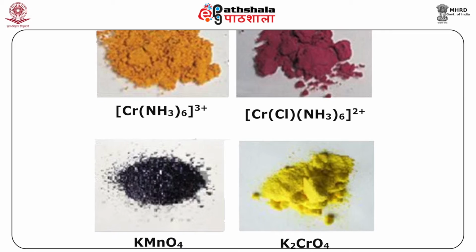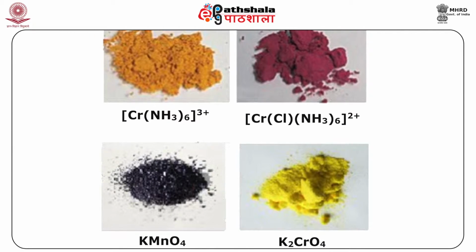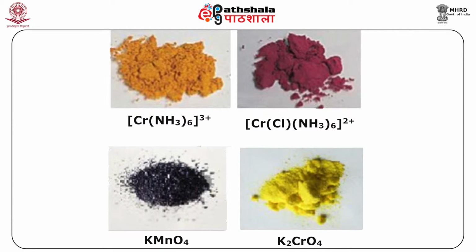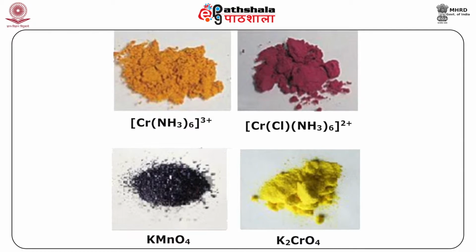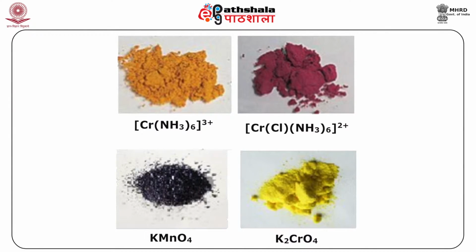Charge transfer transitions are generally much higher in energy in comparison to the normal crystal field transitions, but they impart color if the transitions fall in the visible region of the spectrum. Some examples of complexes which give charge transfer bands include KMnO4, K2Cr2O7, etc.